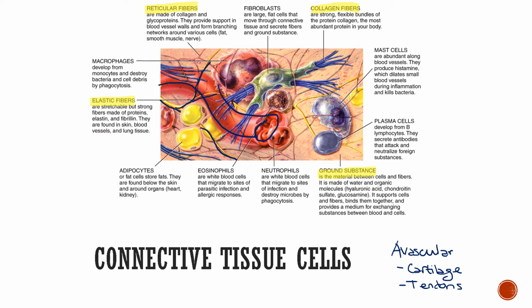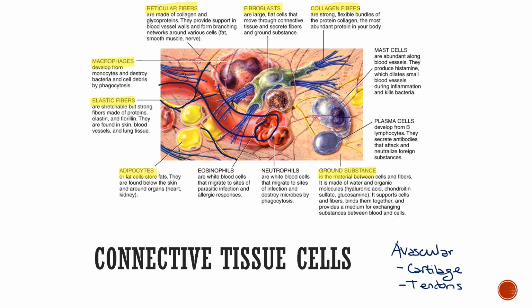In this picture, you can also see several different cells that we will talk about and you'll learn about throughout the class, including macrophages, which pretty much clean up debris by phagocytosis. Adipocytes, these are going to be fat storage cells. And then fibroblasts, these secrete fibers and ground substance.